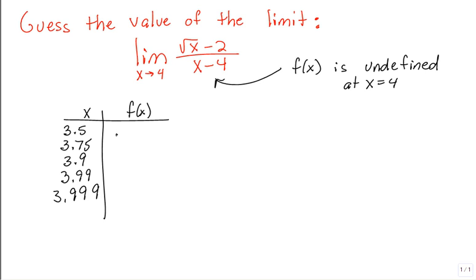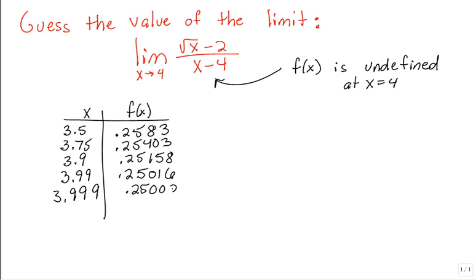When I use my calculator, I get 2.583, 0.25403, 0.25016. So you need to try this on your calculator, and you can see that these values kind of approach 0.25. So I'm going to guess 0.25, which is 1/4.